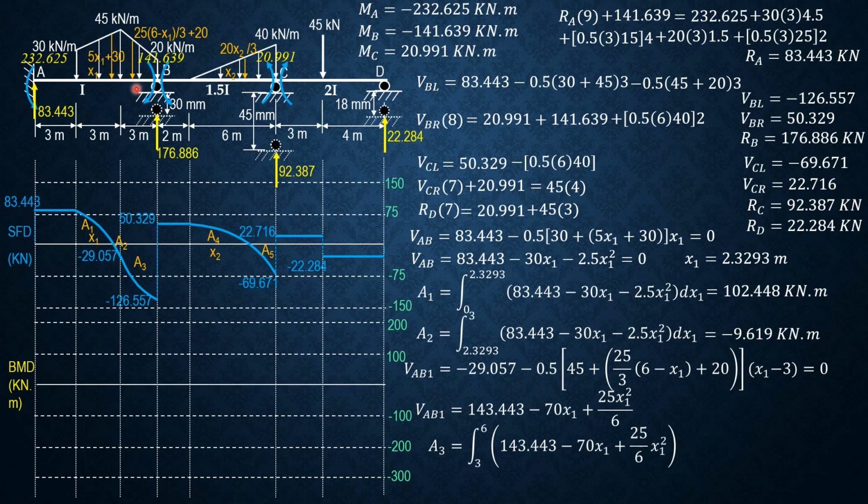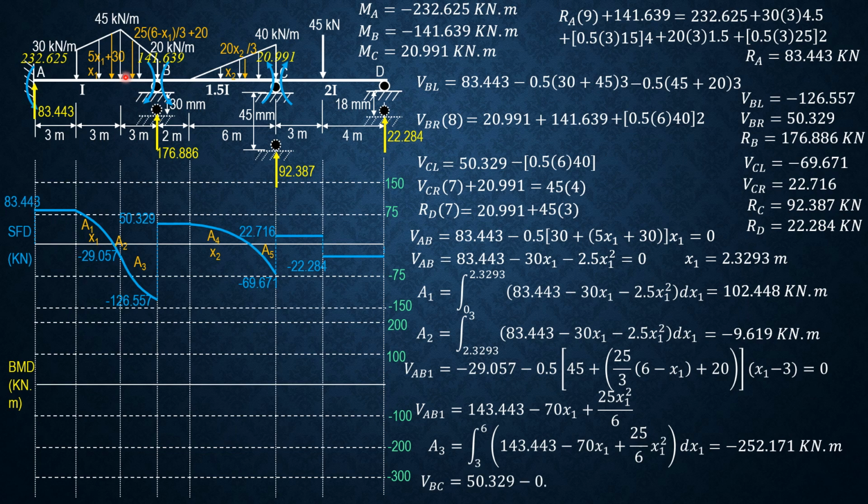Then shear from here up to there, up to B. The second shear equation, let's call that shear AB1, is equal to negative 29.057 minus area of trapezoid, 0.5 of quantity 45 plus 25 over 3 quantity 6 minus x1 plus 20 times quantity x1 minus 3.